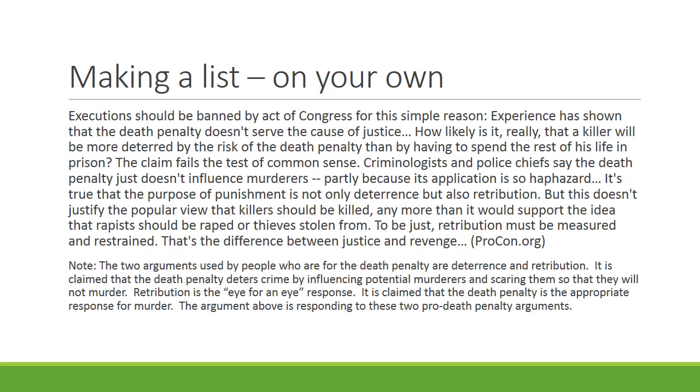Because those are the two reasons used for capital punishment, this author, who is arguing against it, must respond to both of those arguments, and does so in this passage. The note is only there so that you will understand the meaning of these two terms, deterrence and retribution, since the author kind of assumes you're familiar with the overall issue of capital punishment.